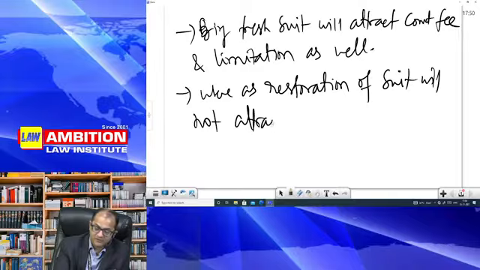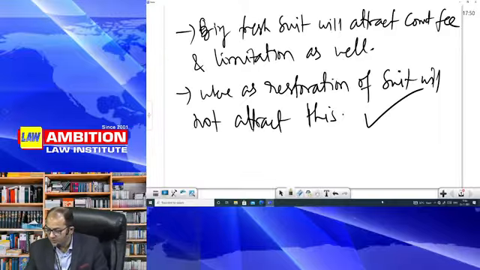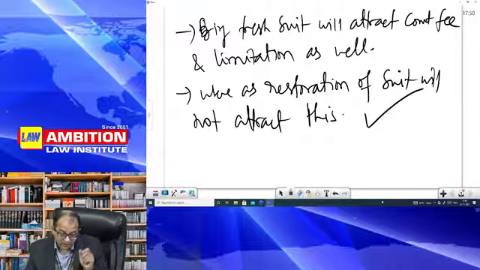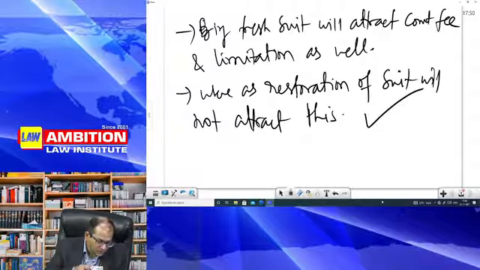So which is the better course? Obviously this is the better course. So you should always pray for restoration of suit rather than bringing a fresh suit. This is better, all right.